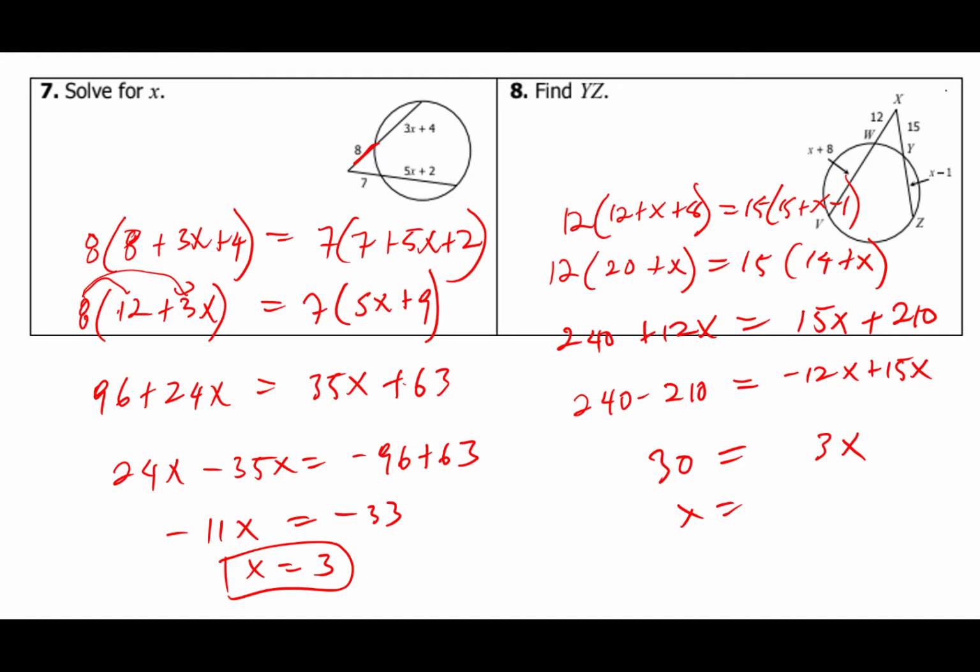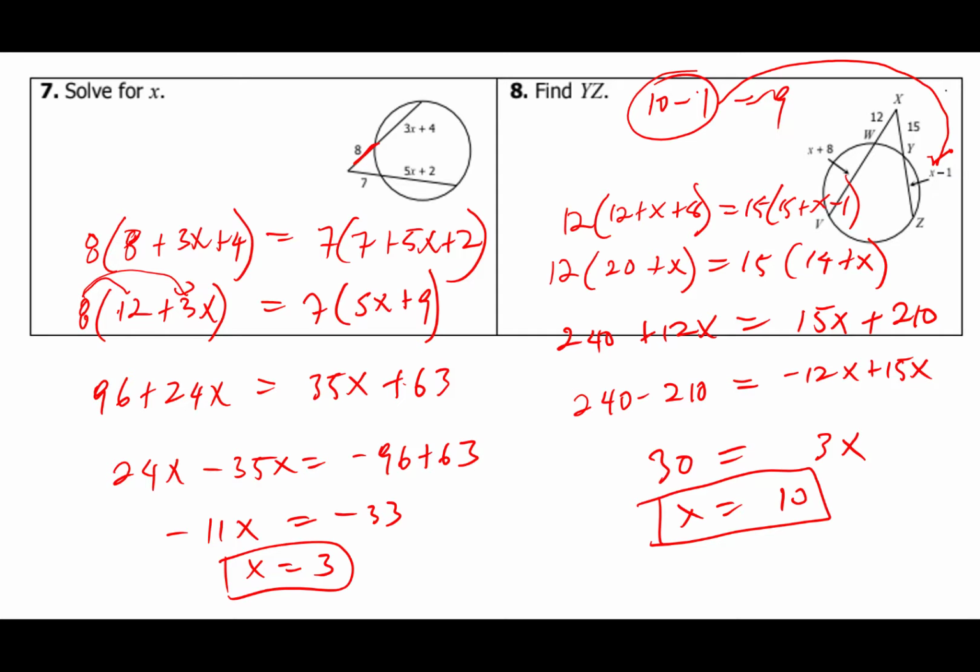So my x there is going to be equal to 10. So if my x is equal to 10, I can simplify yz now. Yz, which is going to be from here to here, is going to simply be 10 minus 1. So 10 minus 1 for my yz, that's going to be giving me 9 for my answer right there.